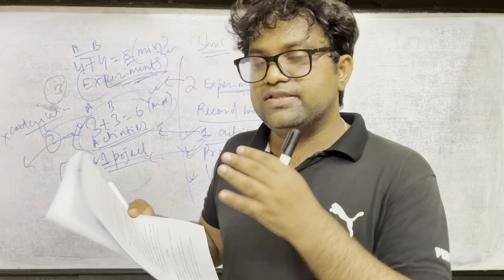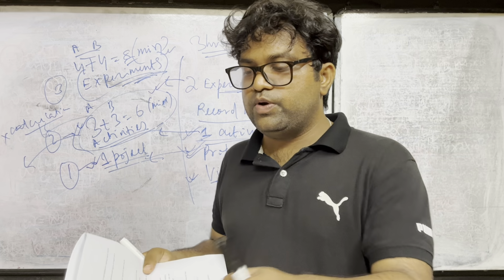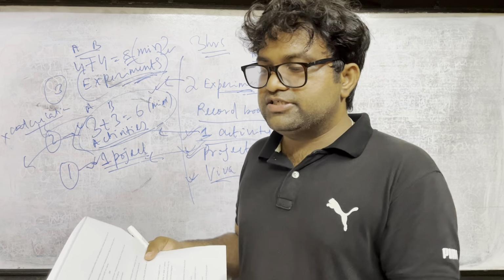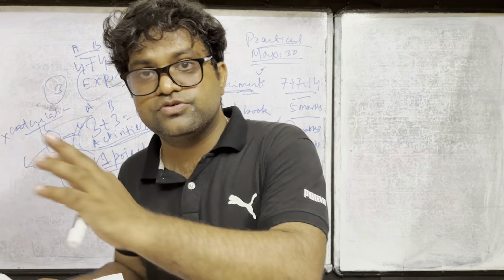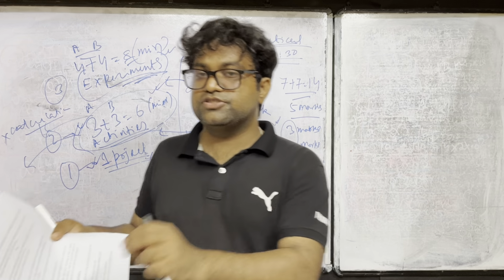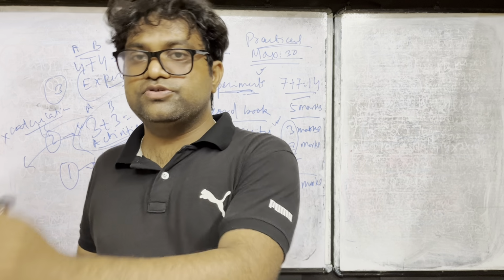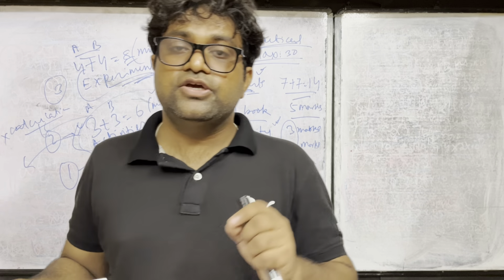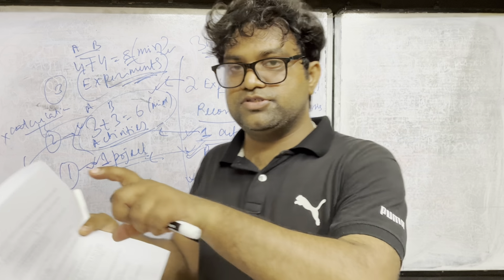Like, you have done the experiment, you have connected the wires, so you will write that the wires are connected and the resistance values are measured using, suppose, your meter bridge, or the voltage is measured using a voltmeter or a multimeter. So you will write the procedure in passive voice, then you will make an observation table.